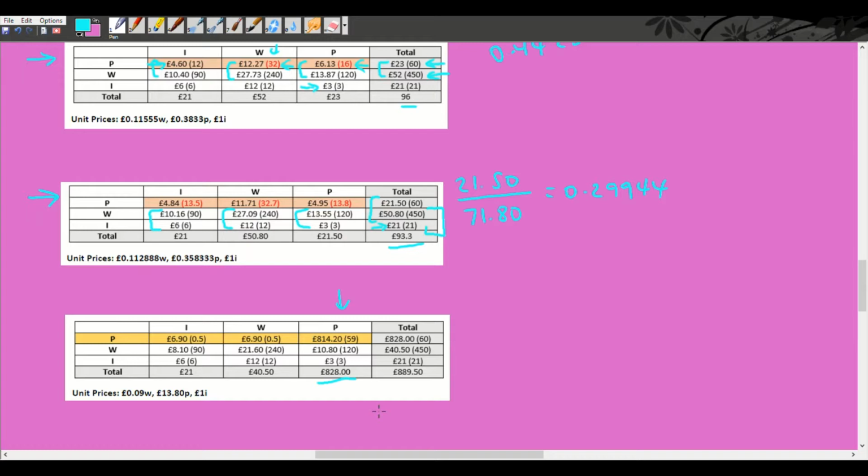In all of these, the 60 pigs being distributed has not changed. None of the totals being distributed has changed, but all of the prices have changed, and now we're ending up with a total GDP of £889.50 as opposed to £93.30. So it's a little bit witchcraft, isn't it?